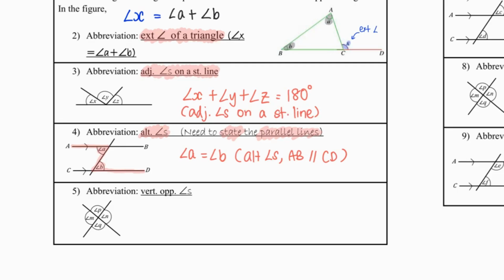So in this case, vertical opposite angles, which we have learned previously as well, my P and Q. Angle P equals angle Q, vertical opposite angles. M is with N. They are equal. Vertical opposite angles.